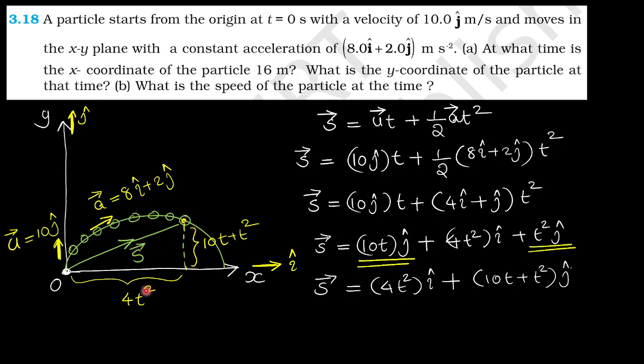Hence S is written as 4t square i plus 10t plus t square j. So all of you please write down till this step. Now it is very simple. Please remove your old raised hand. If you are okay till this step, please raise your hand.